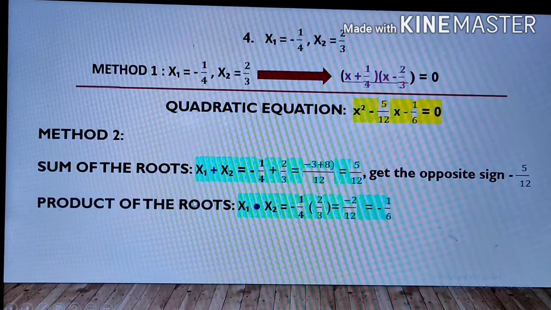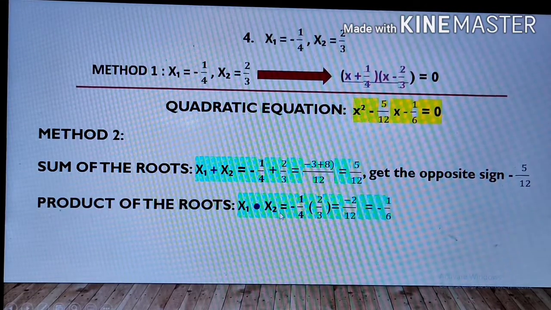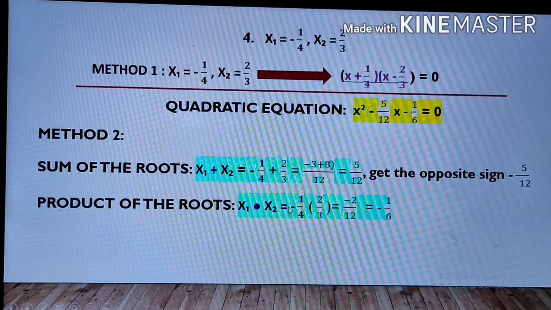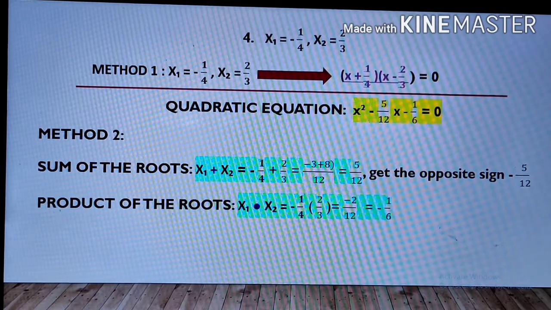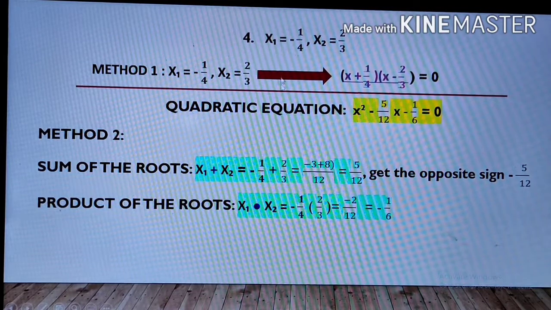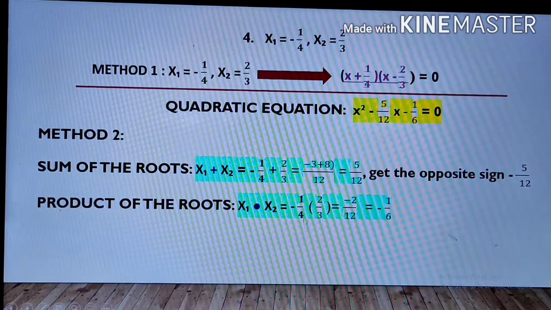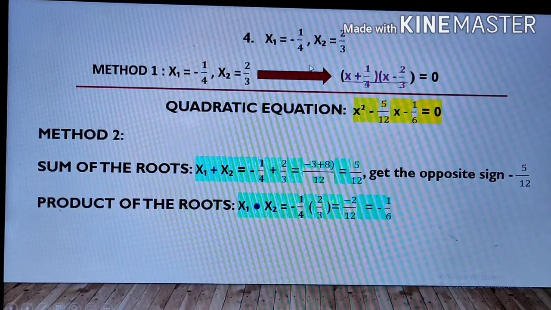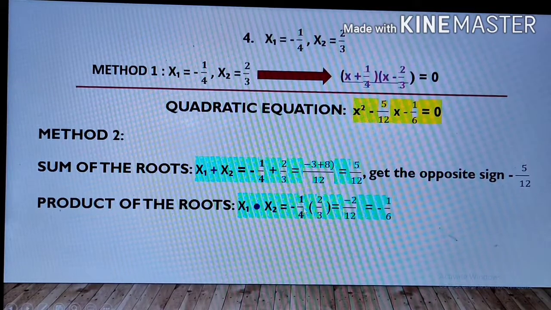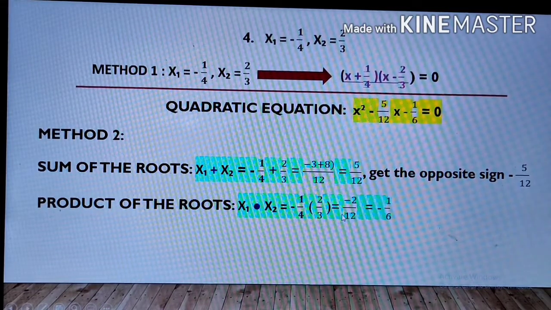Then product of the roots, x sub 1 times x sub 2 is equal to, substitute the values of x sub 1 and x sub 2. So x sub 1 is negative 1/4, times x sub 2 is 2/3. So negative 1/4 times 2/3 is equal to 1 times 2 is 2, then 4 times 3 is 12.